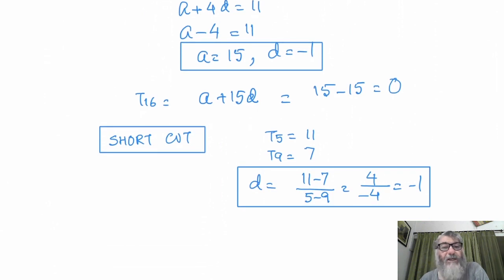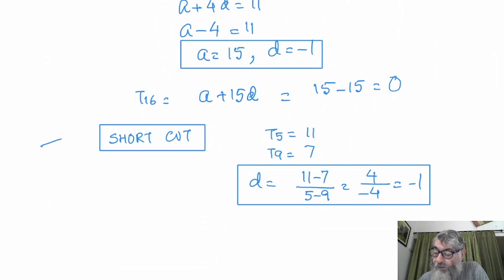Once you've got D, you can calculate A by substituting in any of the values, and then you can follow it up. This shortcut is very, very important to remember. Whenever the fifth term is given and the ninth term is given and you want to find D, it will be very easy for you to find D. Thank you.